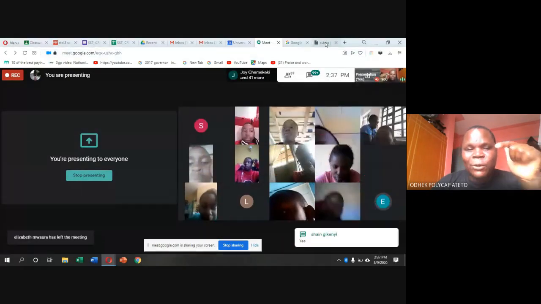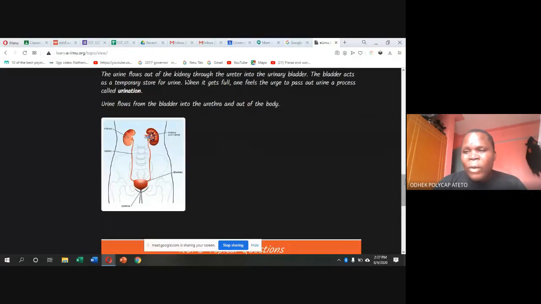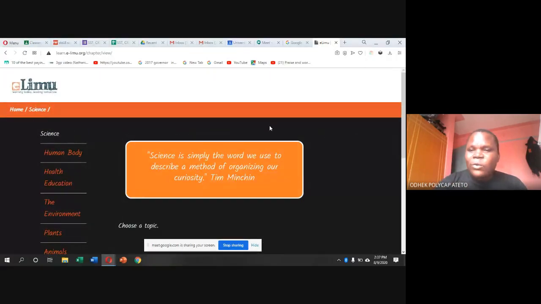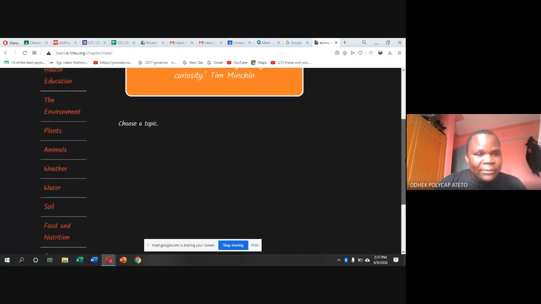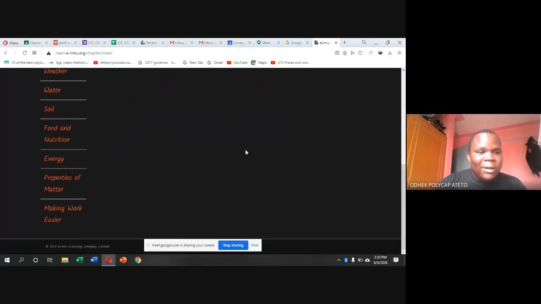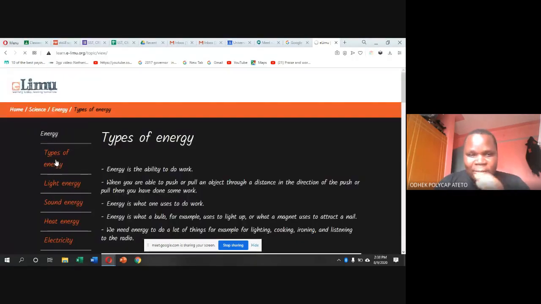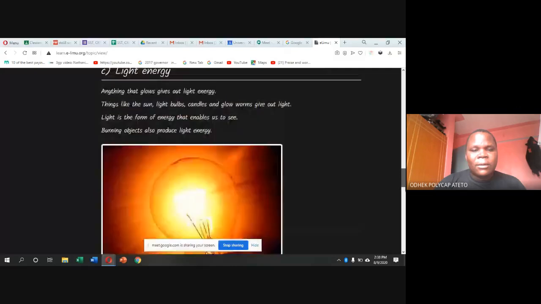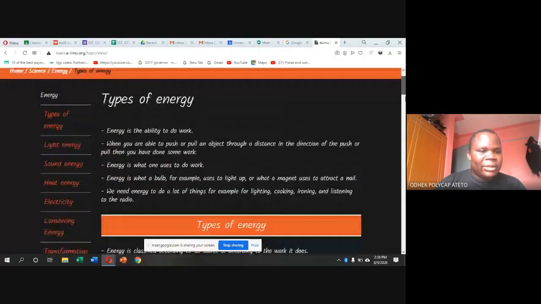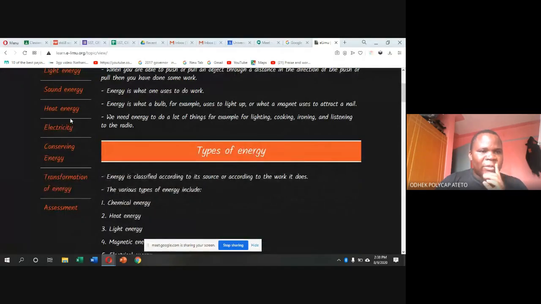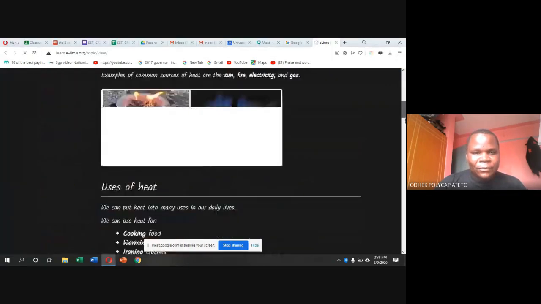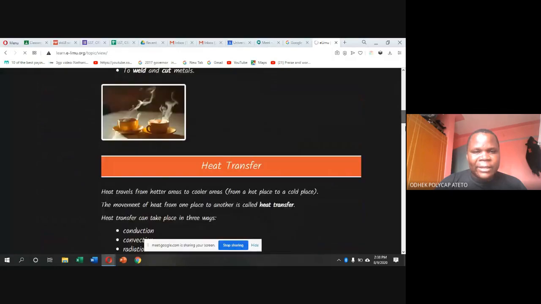Now, what I want you to note is this. When we are talking about heat transfer, we have what we call conduction, convection, and radiation. There's a diagram here that I want you to check.